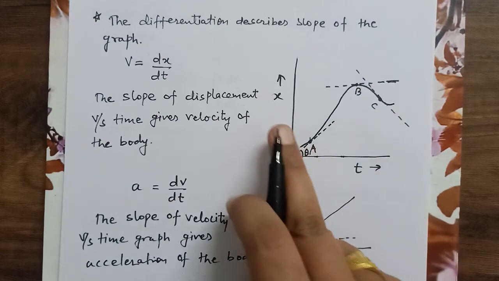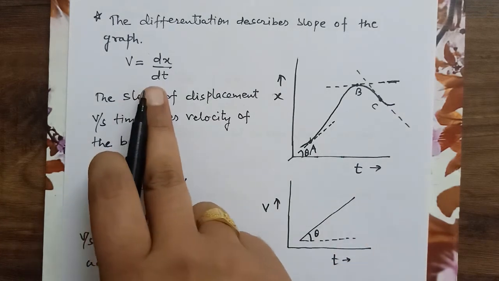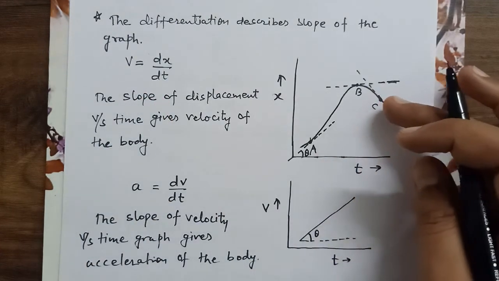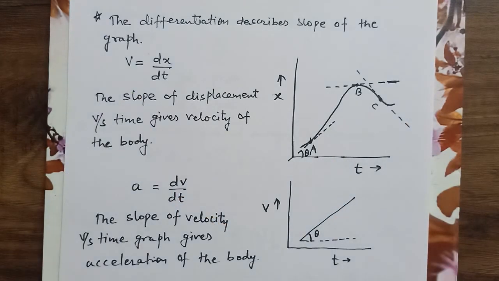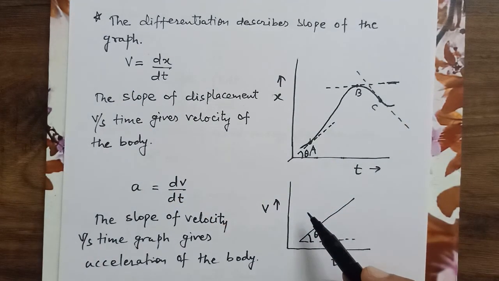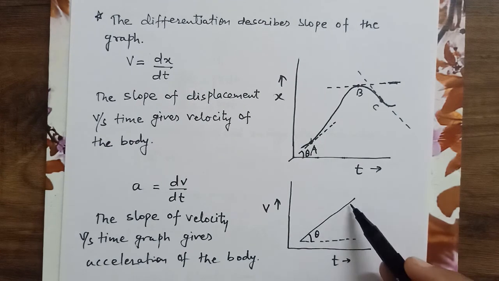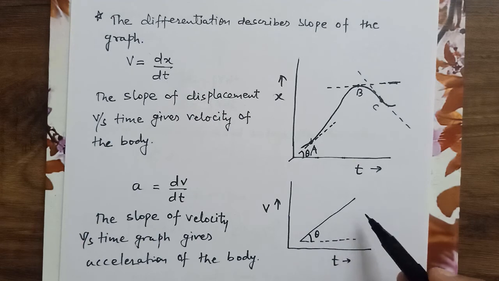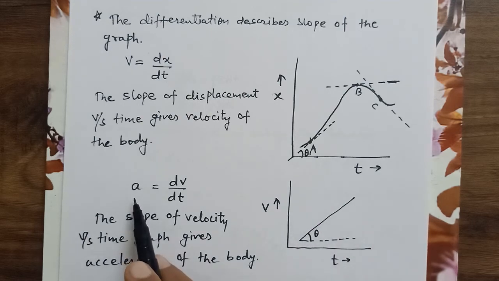So generally when we plot a displacement versus time graph, dx by dt is the slope at each point, and that slope gives velocity. Similarly, if we plot a velocity versus time graph, I took a straight line, but we can take any curve that describes a particular motion. If you find dv by dt, that is acceleration, as we know.